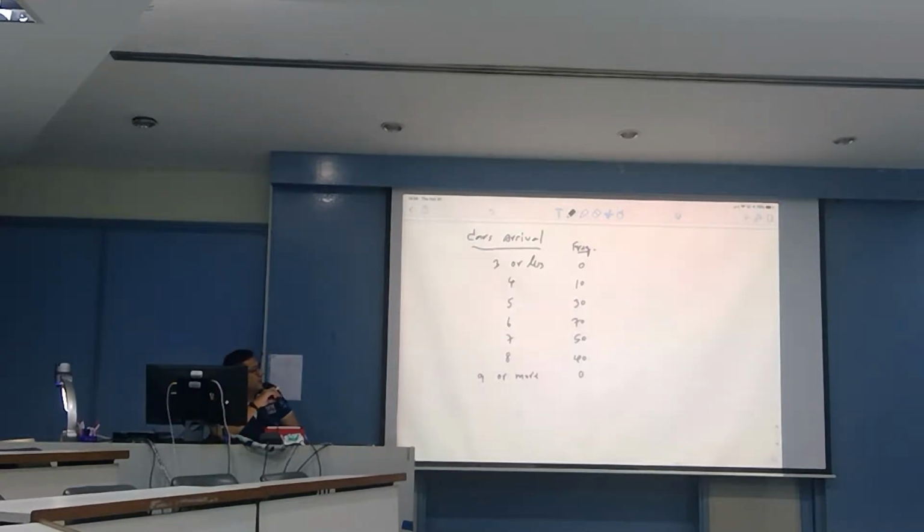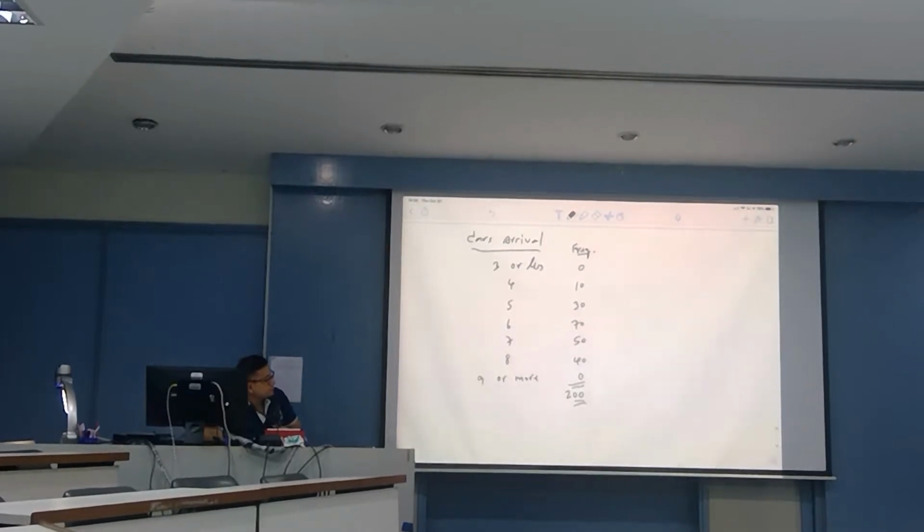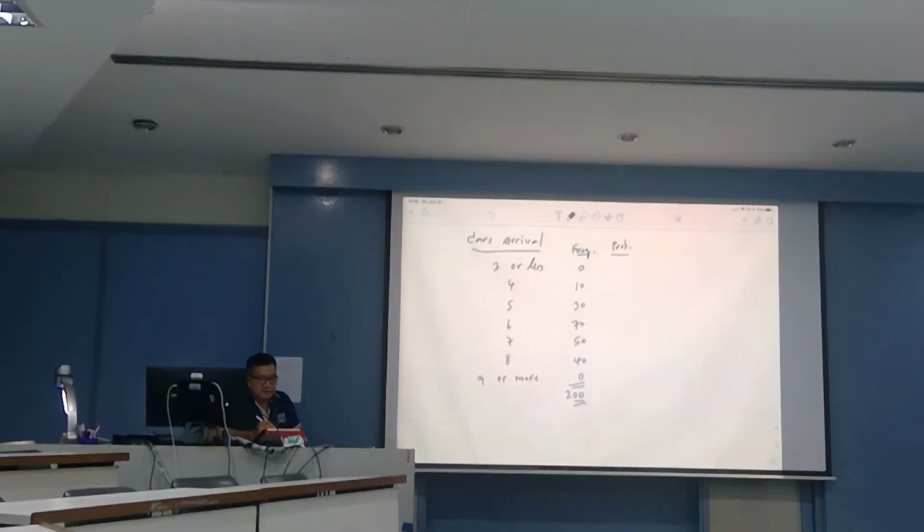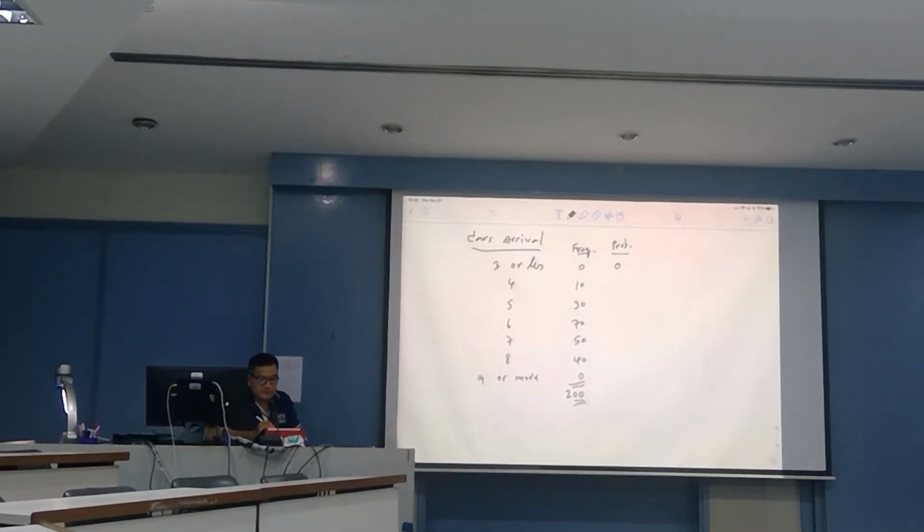So firstly, we have the frequency, and if we sum up here, we're going to have 200. So then you can develop the probability distribution for cars per hour. Since the first frequency is 0, the probability is going to be 0.